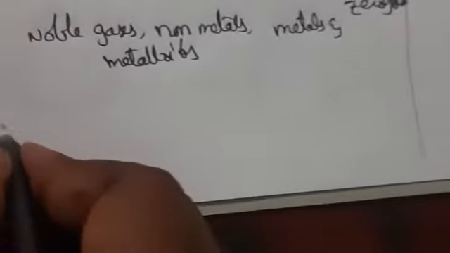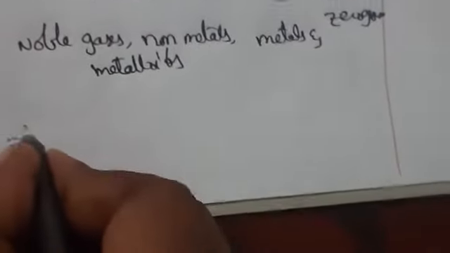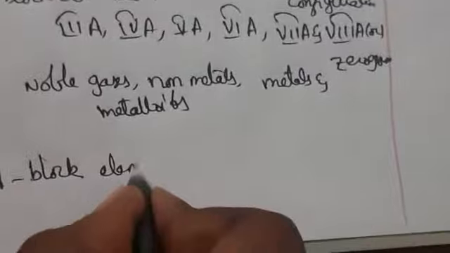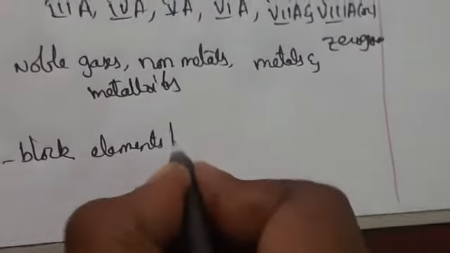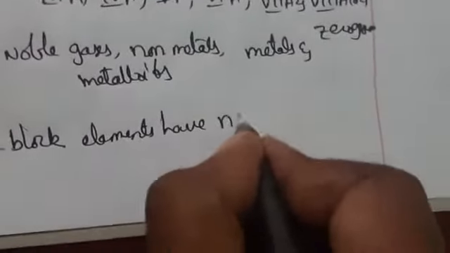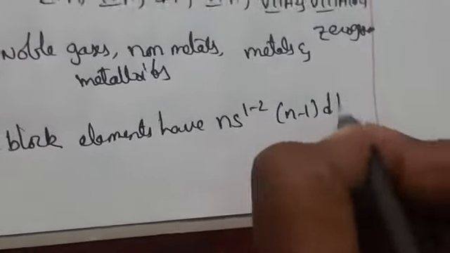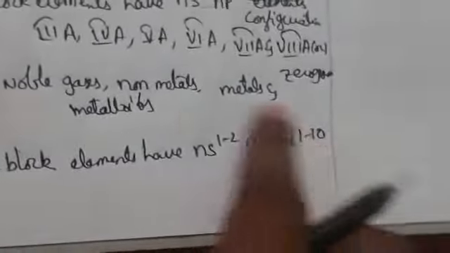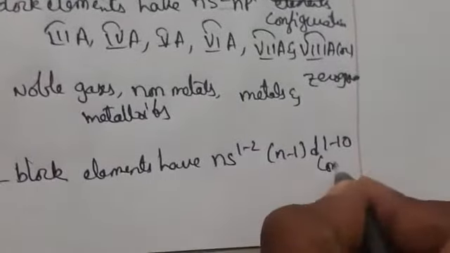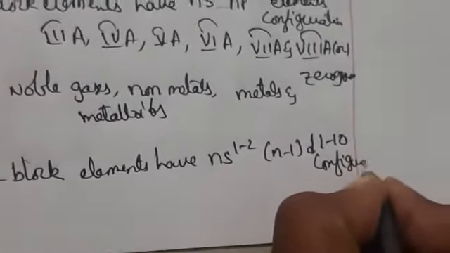Coming to D block elements. D block elements have ns1 to 2, (n-1)d 1 to 10. So this is the general electronic configuration we are having in D blocks. It is divided into 3 series.